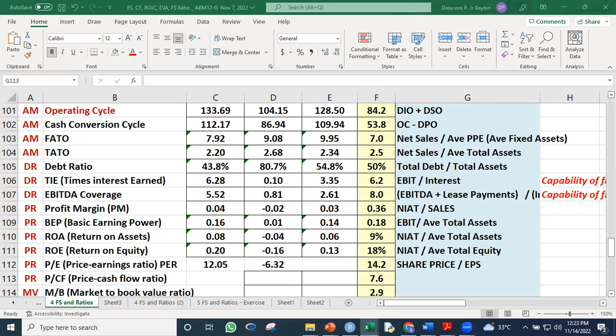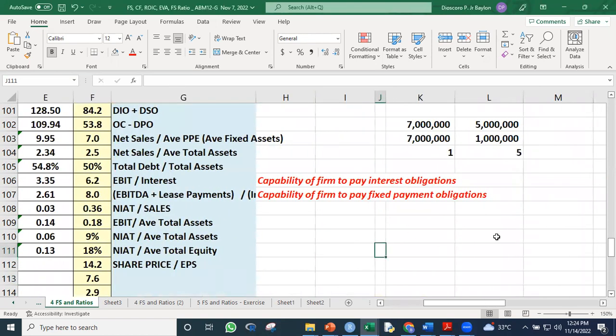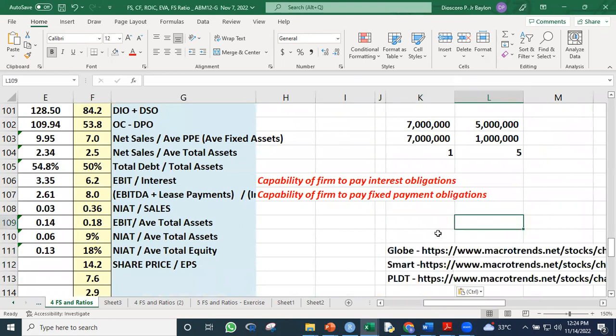So you may wish to get that, class. Copy nyo yung URL na yan para makita nyo rin kung saan nila nakuha yung per ratio. For the benefit of, kasi ibibigay ko tong copy din sa inyo, no? Control C. So let me just put it here so that others, Control V.